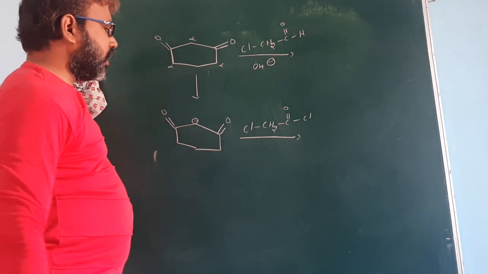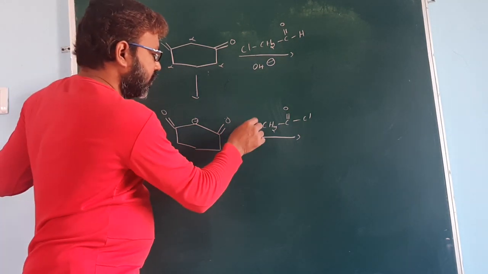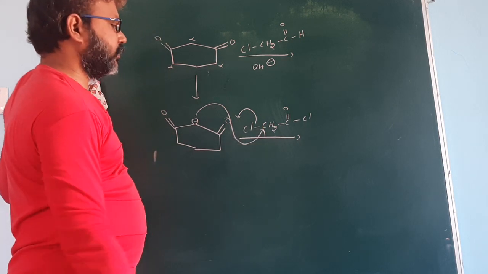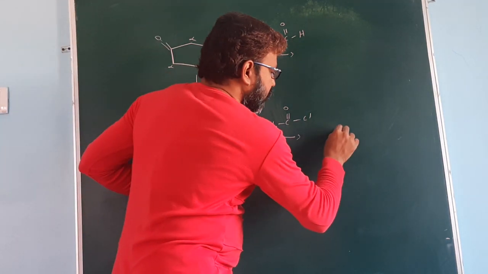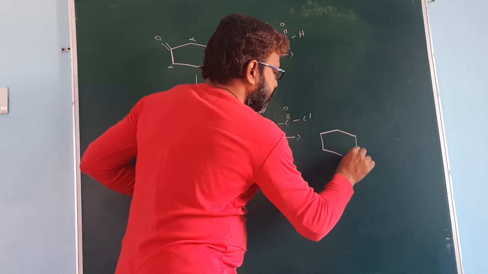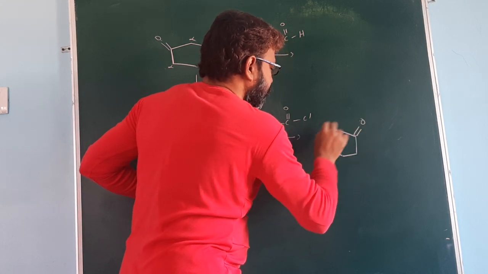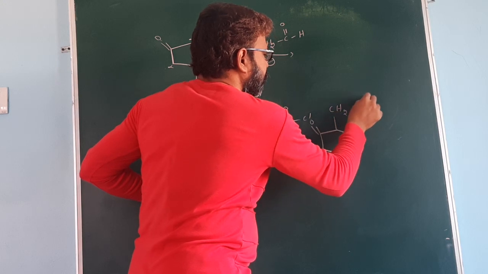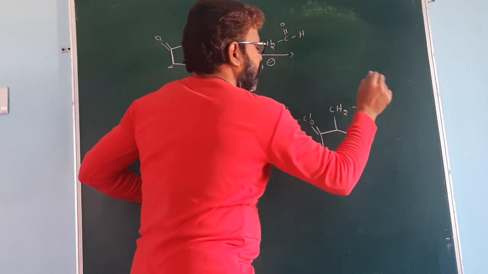Here nucleophilic attack takes place with loss of Cl minus ion. It attacks here, and you get the substituted product. You get this.